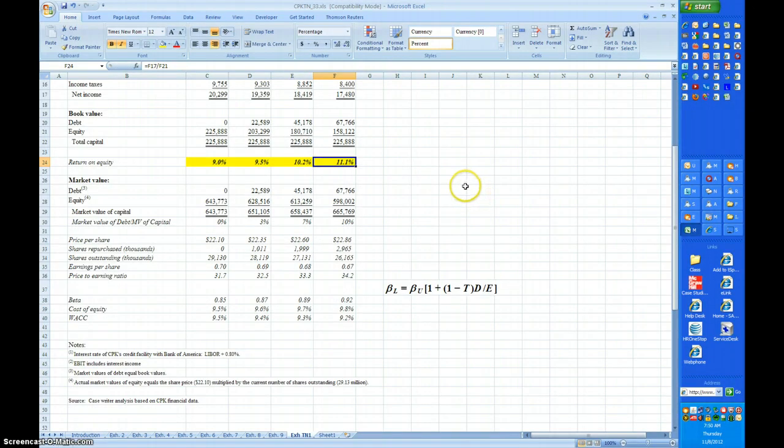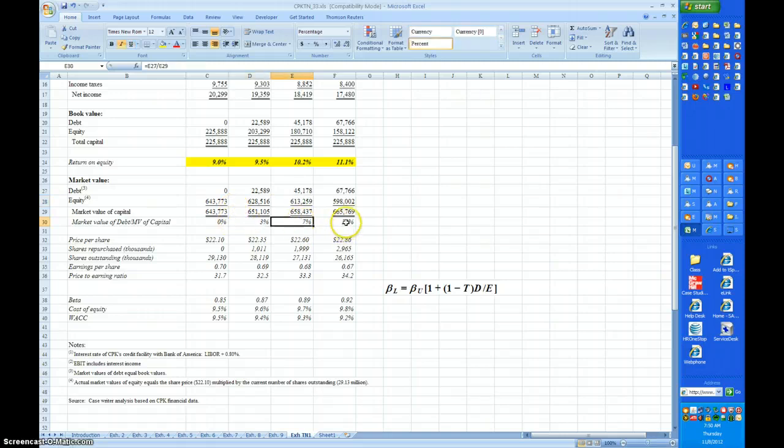Anyway, let's look at what it does on a market value basis. On a market value basis, the market value of debt divided by market value of capital doesn't change very much because there's not a lot of debt raised given the large market capitalization, or the relatively large market to book ratio, I should say.